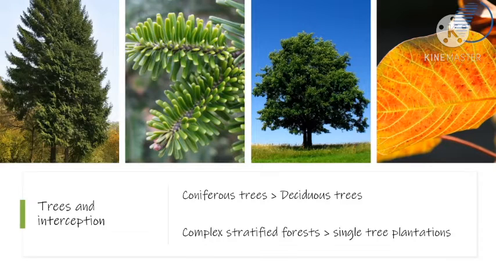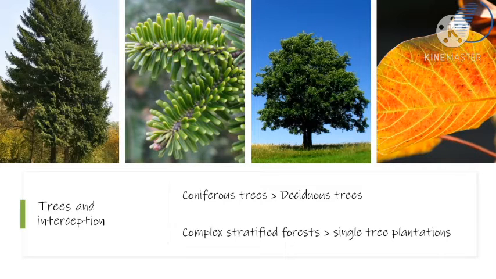All kinds of vegetation will intercept some water, but trees are the most effective interceptors, and this depends on their density. If we look at this coniferous tree, like a Christmas tree, one which is evergreen all year round, it is able to intercept around 25% to 35% of all rain in a year.